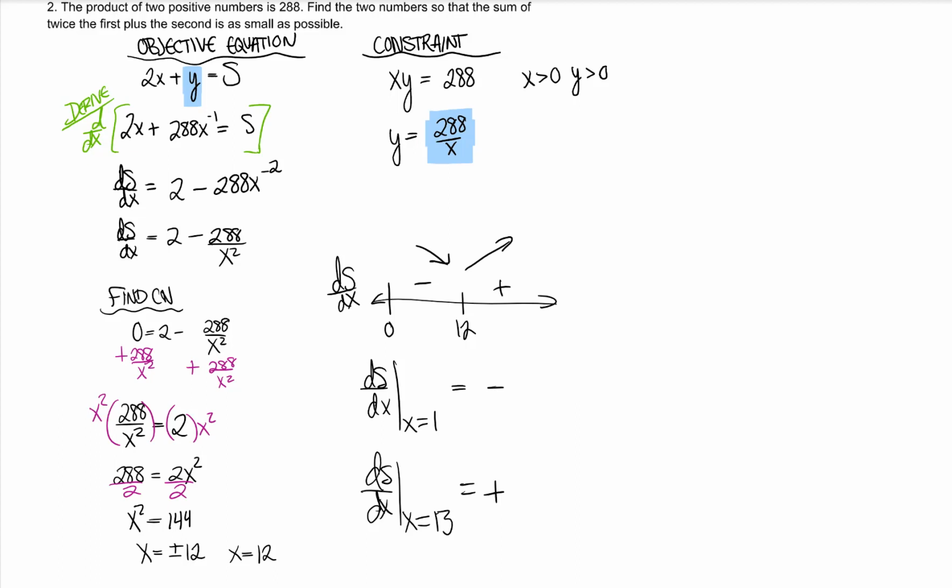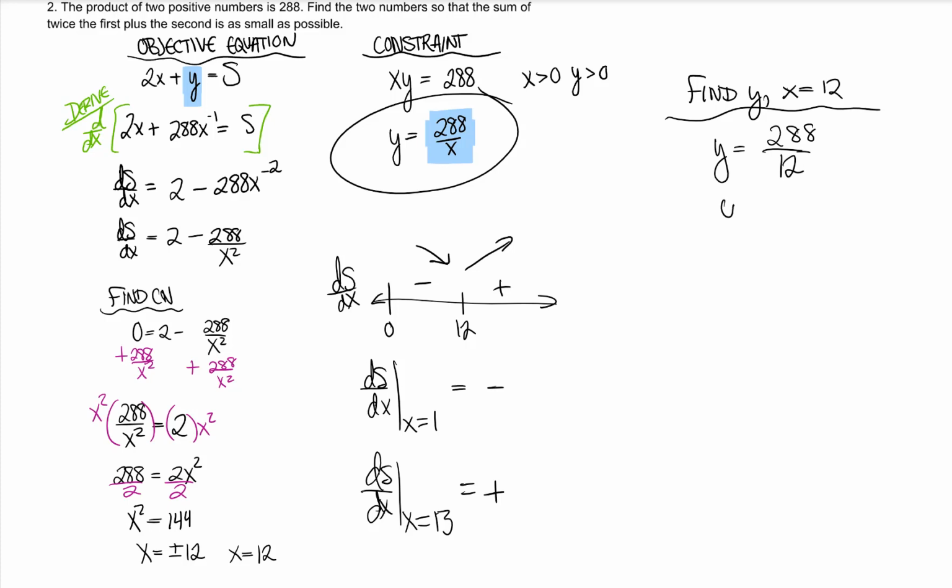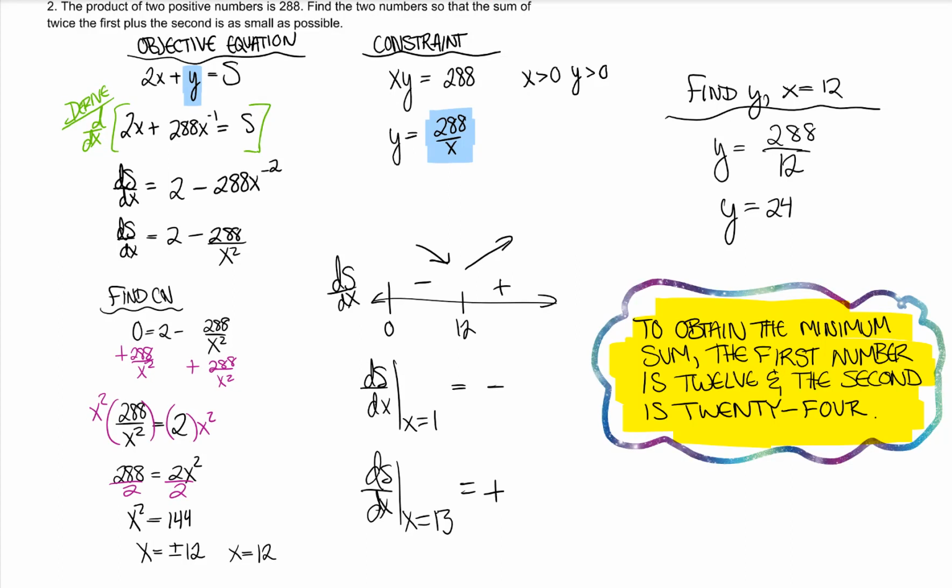So we do have a minimum at x equals 12. Plug in x equals 12 to find y. We already have a relationship between x and y. When x is 12, y is 24. To write our final answer as a complete sentence: to obtain the minimum sum, the first number is 12 and the second is 24.